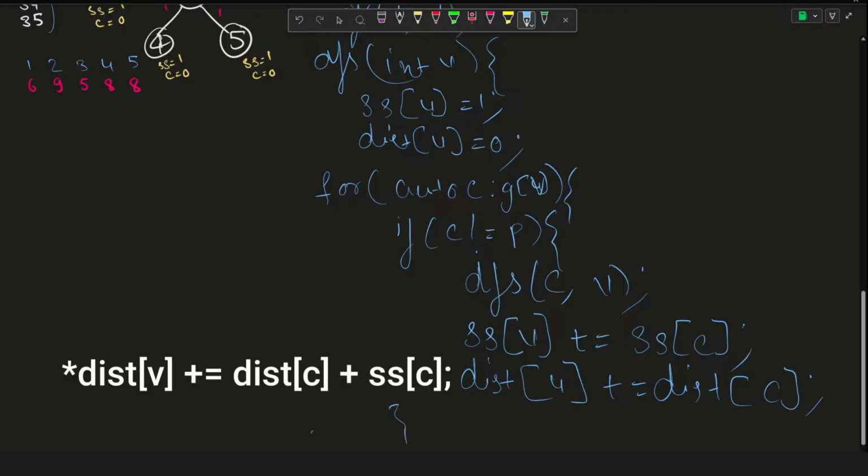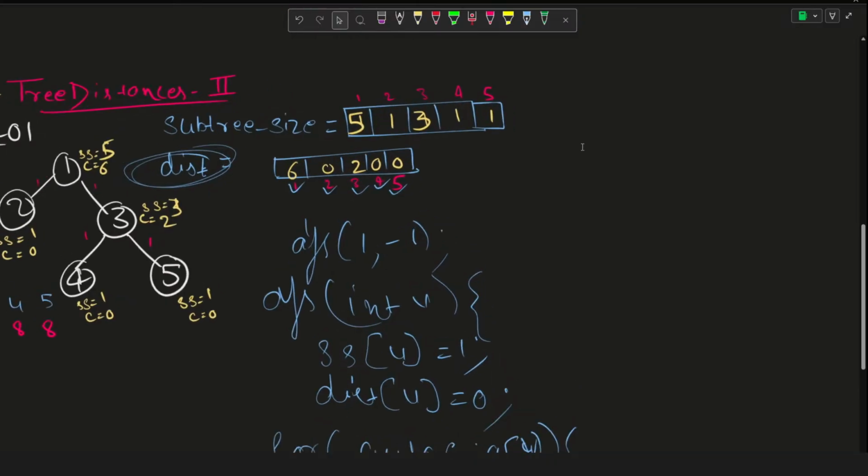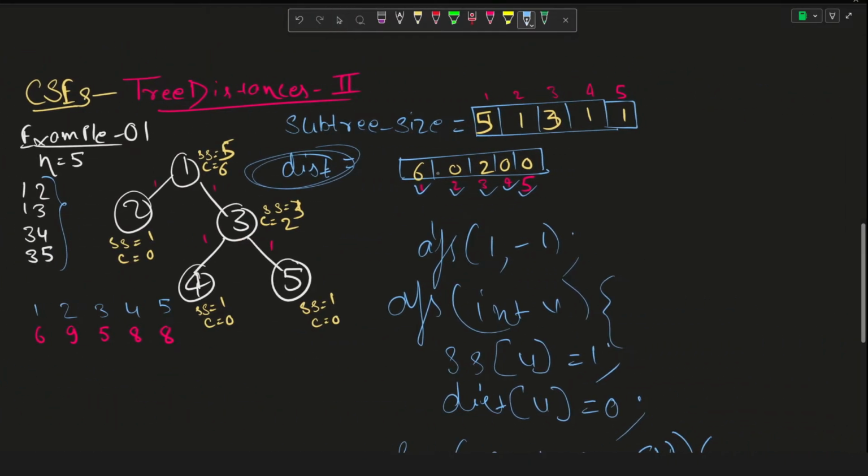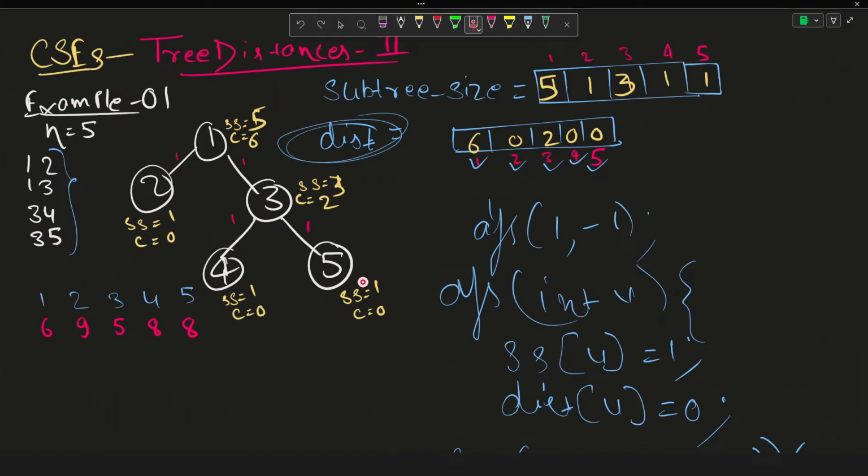And just by doing this, I think we would have been able to get these two arrays, that is the subtree size and distance array, right? So I hope now you understood very well how you can calculate the required value by doing a DFS call from each one of these vertices, right?